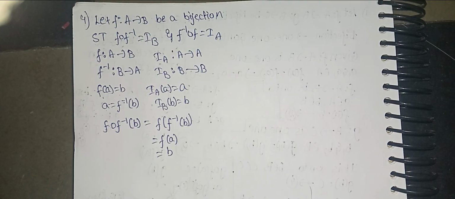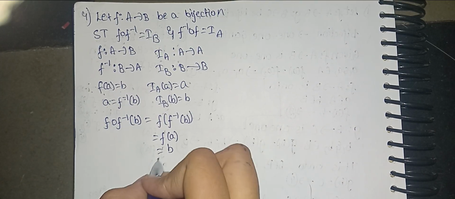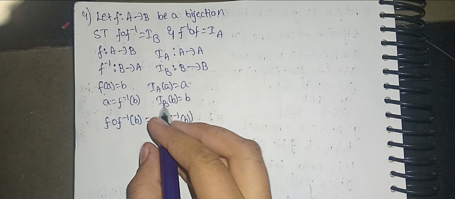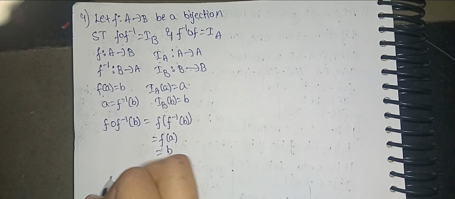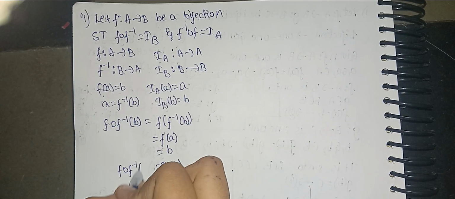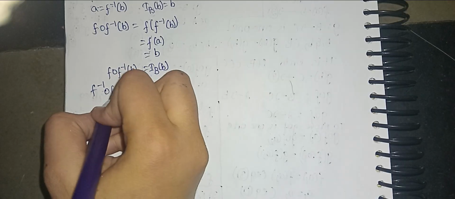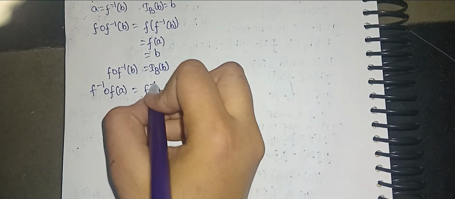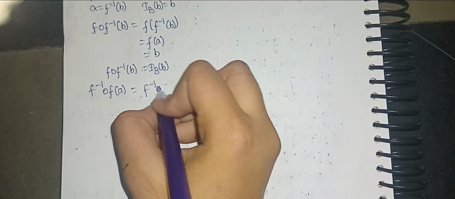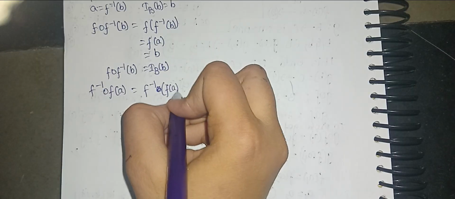Okay. Here b is equal to IB of b, right? We can say IB of b means f circle f inverse b is equal to IB of b. Okay, now we'll take this one. f inverse of f of a. f inverse of f of a.